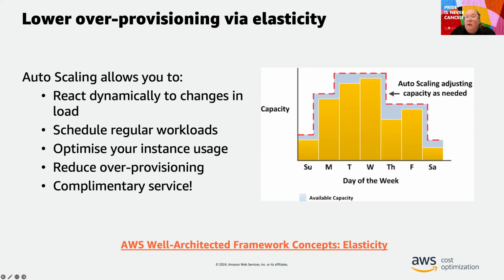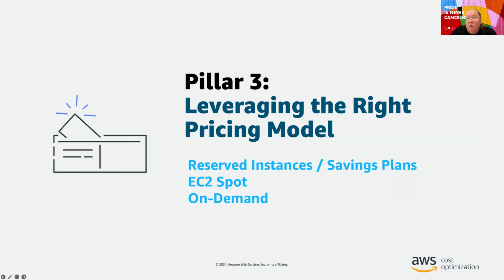Then we have the third pillar, which is leveraging the right pricing model. And that is part that you can see in your exam. And this is important because you might see very specific questions on this. So we have different pricing models.